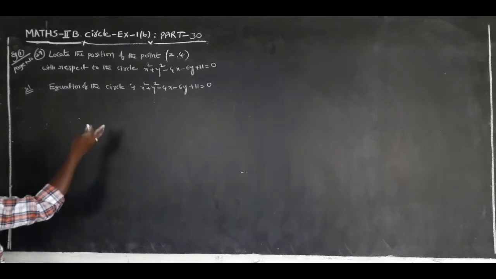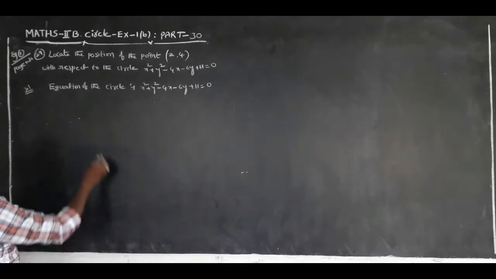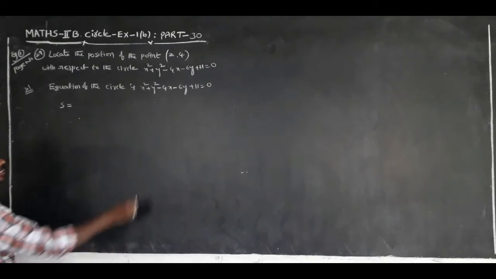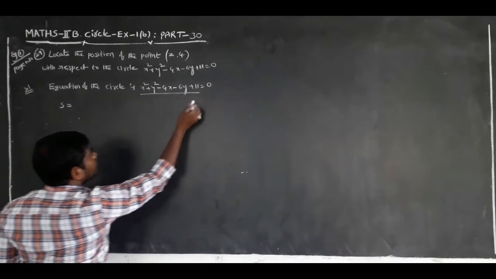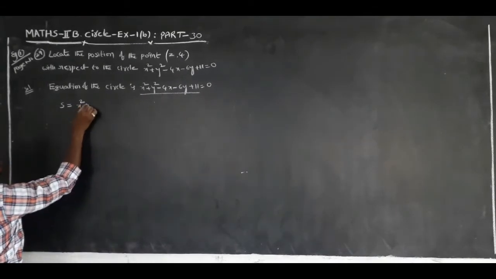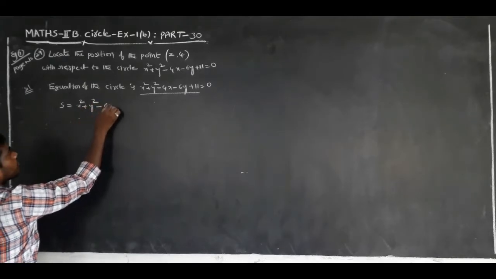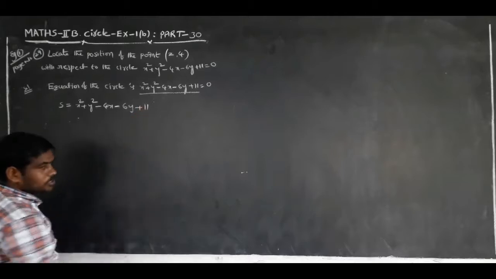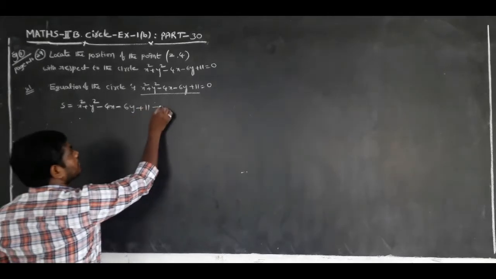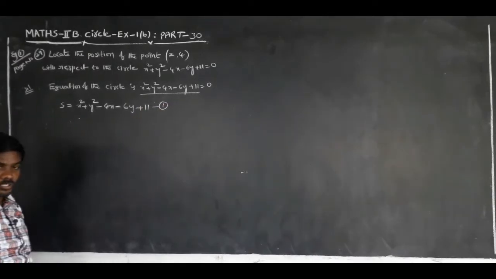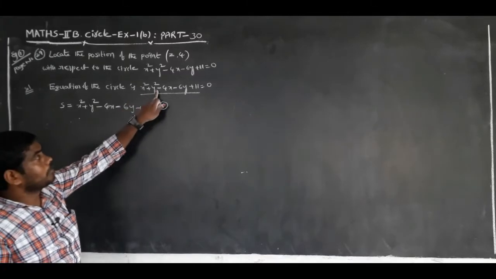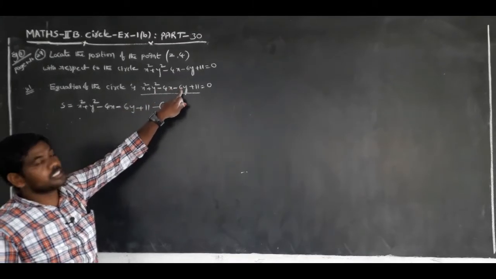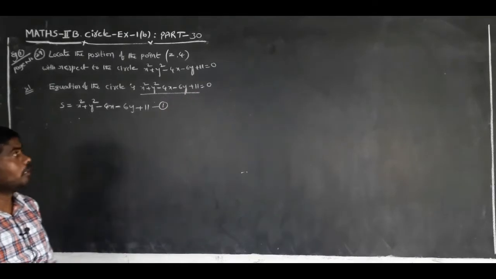The given equation of the circle is denoted by S. Let S = x² + y² − 4x − 6y + 11.